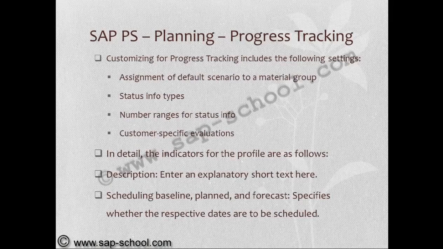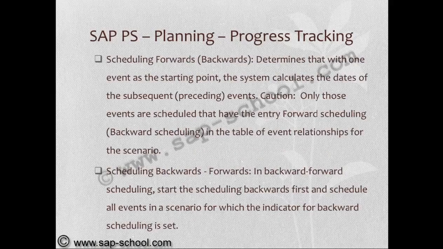evaluations. In detail, the indicators for the profile: one is description, enter an explanatory short text; scheduling baseline, plan and forecast, specifies whether the respective dates are to be scheduled; and scheduling types like forward, backward, or forward to backward, backward to forward.